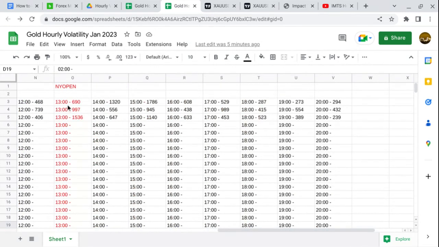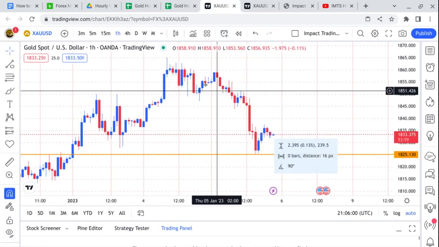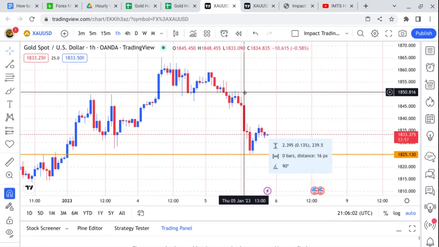So we see 1300 for January 3rd has moved 600 pips. The 1300 hour for January 4th moved 1000 pips. So if we know this 1300 hour has moved 600 and roughly 1000, then we can go to our chart, and this is today, so this would be real time.